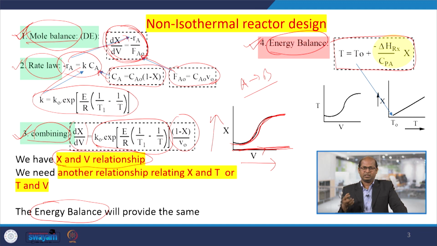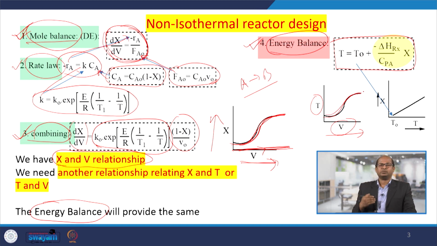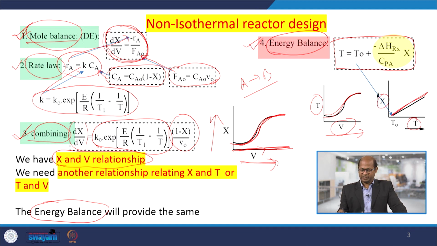Under that condition, what would be the effect on temperature along the length of the reactor? Along the length or volume of the reactor, the temperature changes like this. With the conversion inside the reactor, temperature also will change. So this is temperature versus volume, and this is temperature versus conversion. This would be the energy balance line.